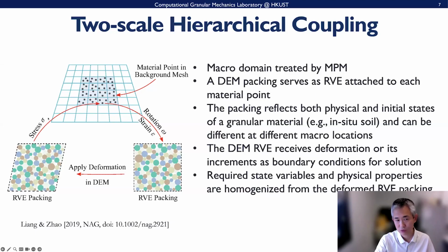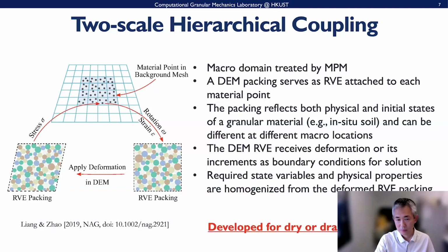Then we extract the required variables like stress and return them to this material point, and continue the RVE solution. This whole thing offers quite a similar advantage to what I showed before. Okay, and this also provides the capability to simulate larger deformation problems, where FEM and DEM coupling may not.